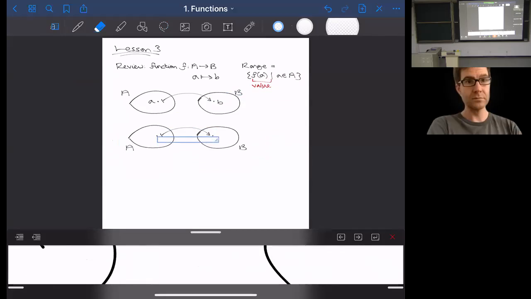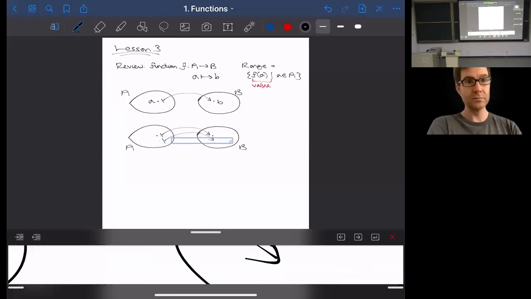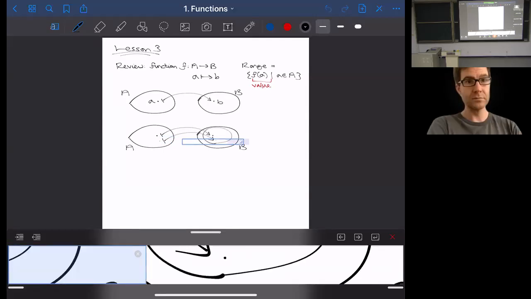Imagine for each element we have an arrow. Then the range, I'll do that again.